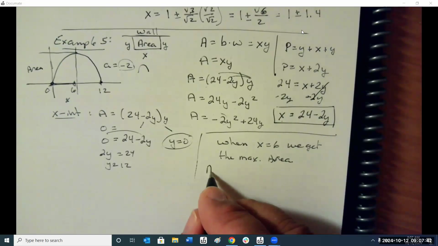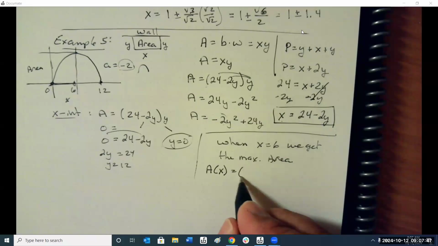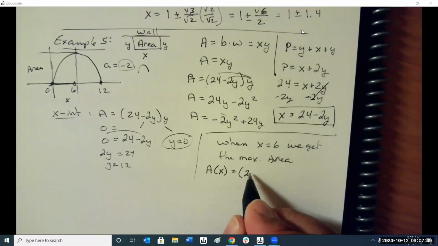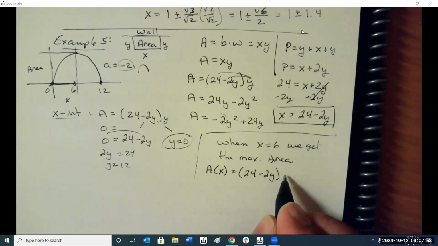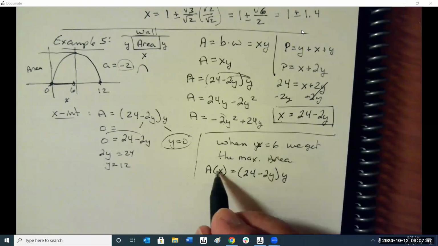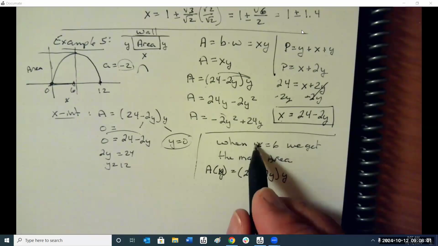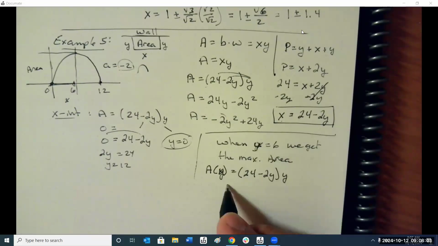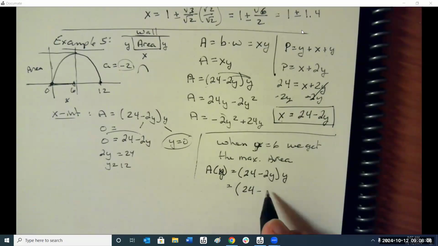We'll use the equation 24 minus 2y times y, which will give us our largest area.